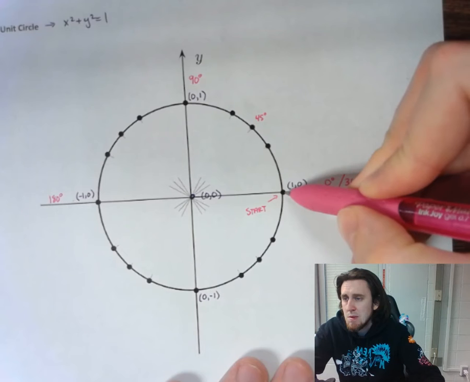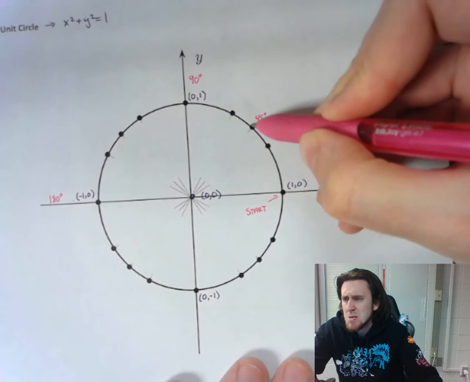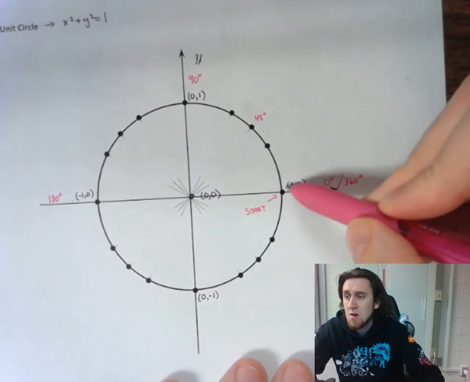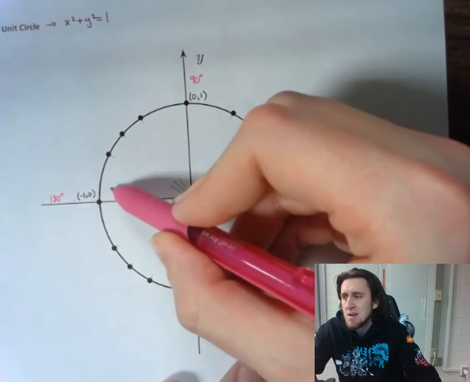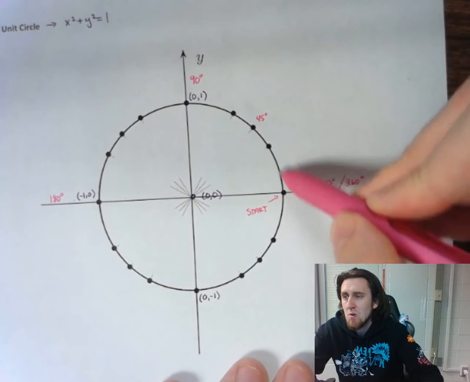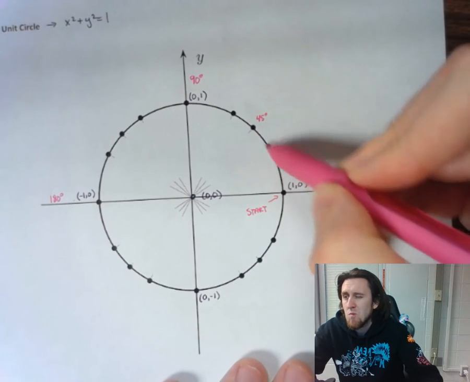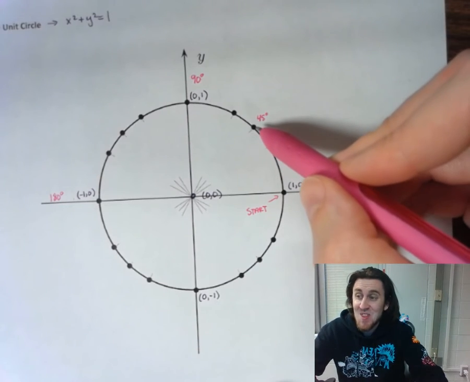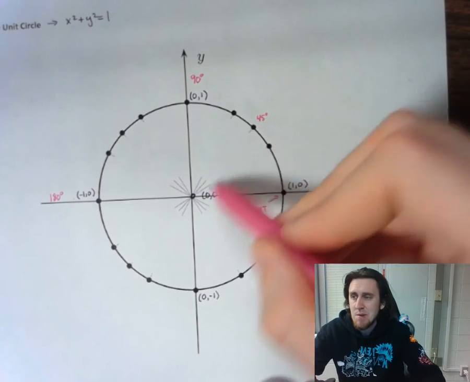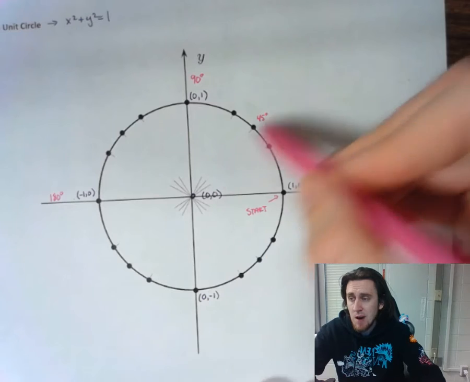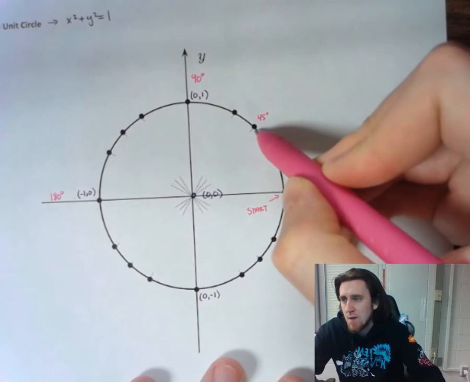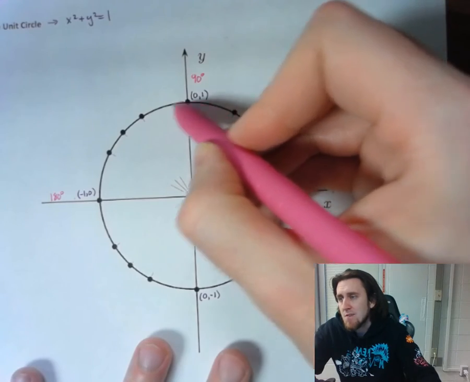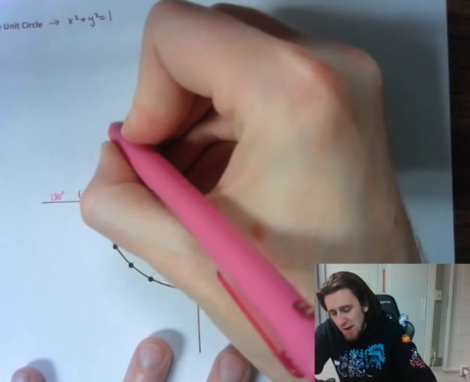Okay, so every time that we go halfway through a quadrant, or a fourth of the way around half the circle, or 1, 2, 3, an eighth of the way, had to count for a second, an eighth of the way around the whole circle. Every time I go 1/8 of the way around the circle, that's 45 degrees. Okay, so 45, and then 45 plus 45 is 90. 90 plus 45 gives us 135.